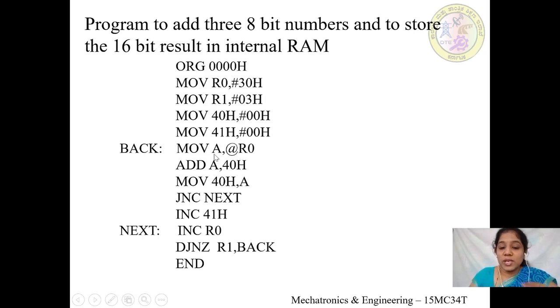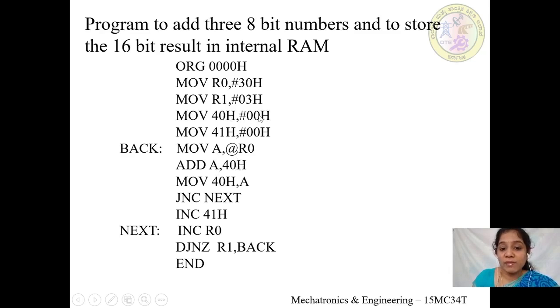So next, what is the next instruction? We have to perform the addition operation. Addition between what? Previously I have cleared where the result has to be stored. Hence I'll perform the addition ADD A, 40H. The accumulator had the first data, and now I am adding the first data with the contents of 40H.